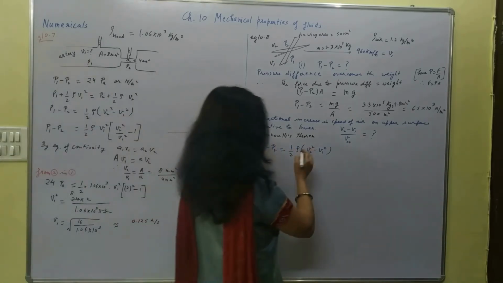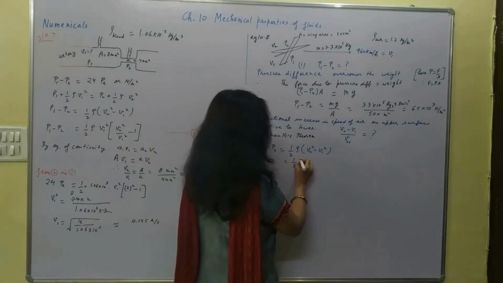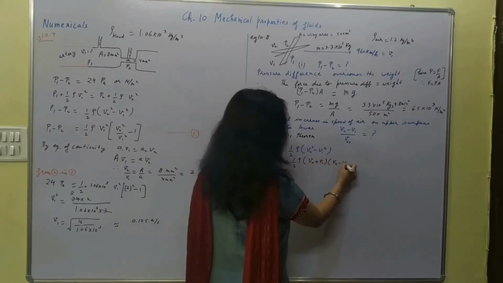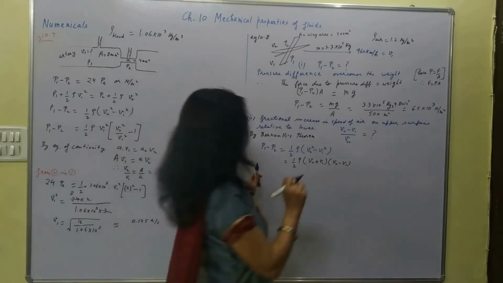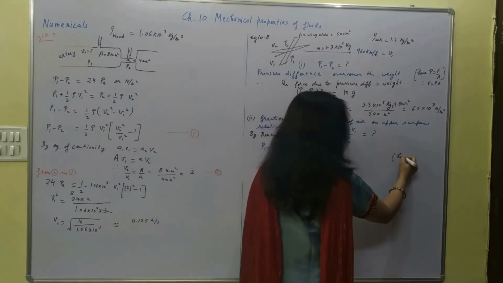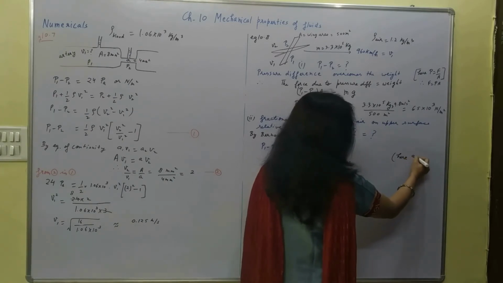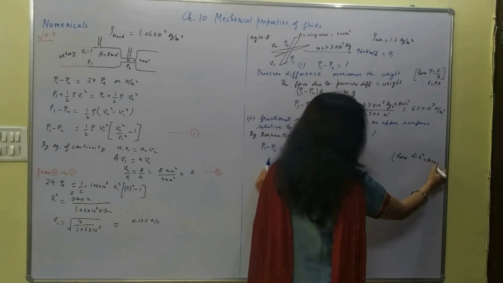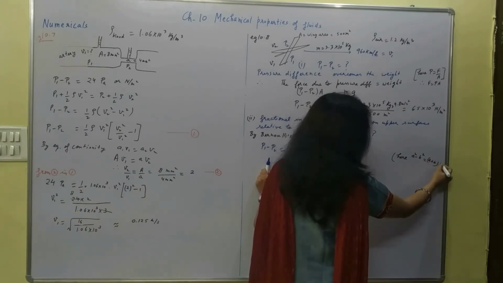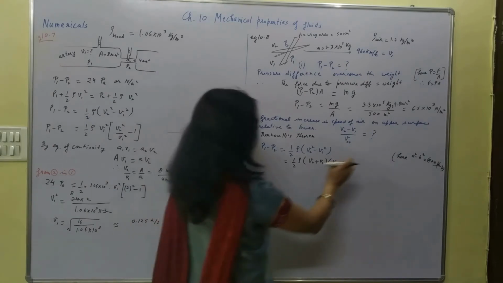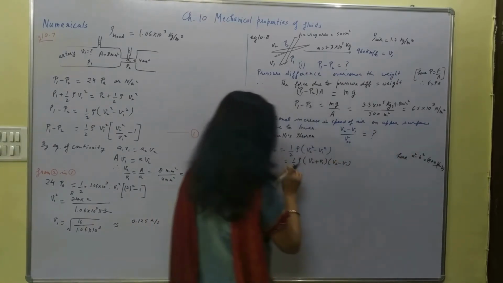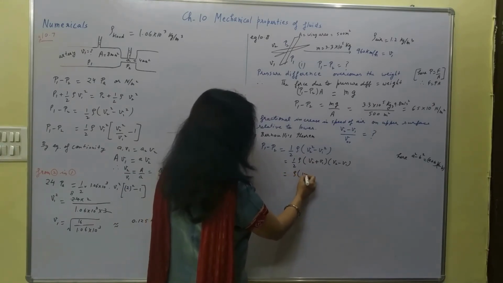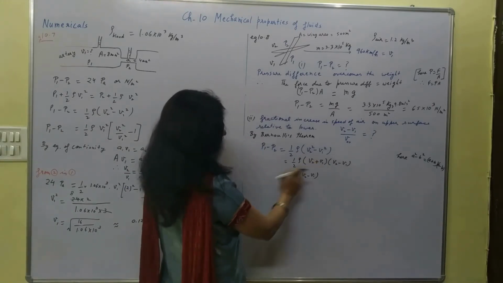So from here, this can be written as half rho (V2 plus V1)(V2 minus V1). Why so? A square minus B square can be written as (A plus B) into (A minus B). This formula we have used. So if we solve this, this can be written as rho into (V2 minus V1) and (V1 plus V2) upon 2.